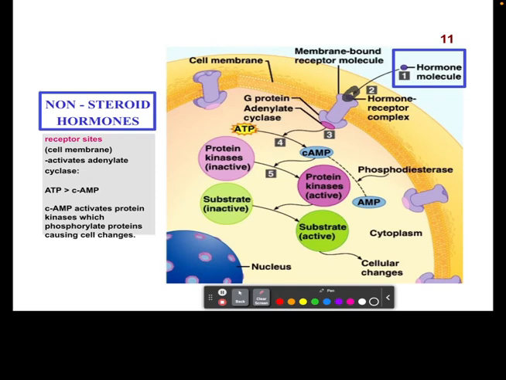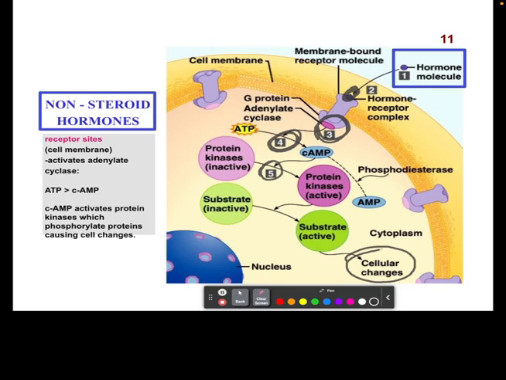It binds to the receptor, which is going to cause something to happen here, which causes something to happen here, which causes something to happen here, which eventually will result in the goal, some sort of cellular change. Now, clearly, I just skipped over all these words.